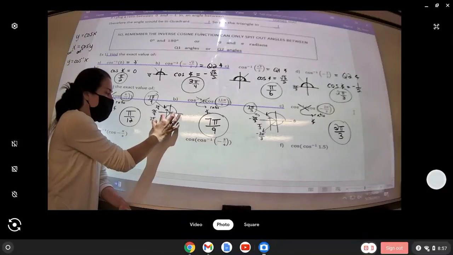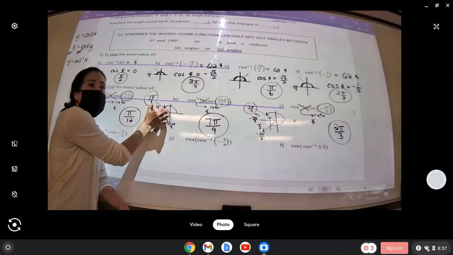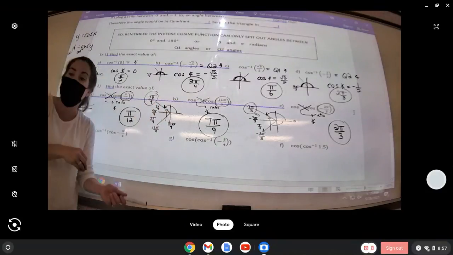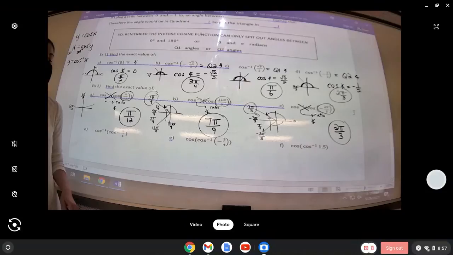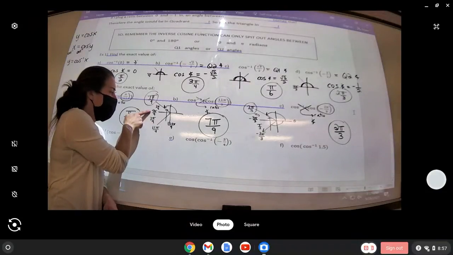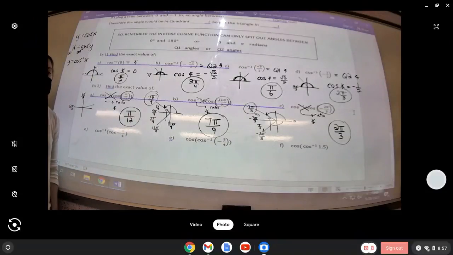So if this is a reference angle of 2 pi over 9, then we have to build a reference angle of 2 pi over 9 in quadrant 2, and then figure out what angle I'm really sitting at that had a reference of 2 pi over 9. So we got 2 pi over 9 by figuring out what was left in between the 9 pi over 9 and the 11 pi over 9. Okay? All right.